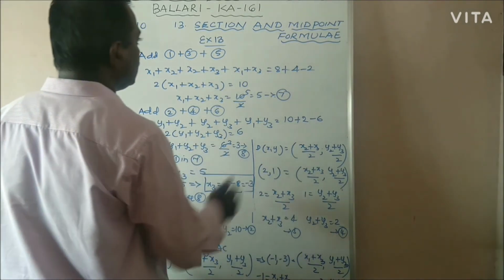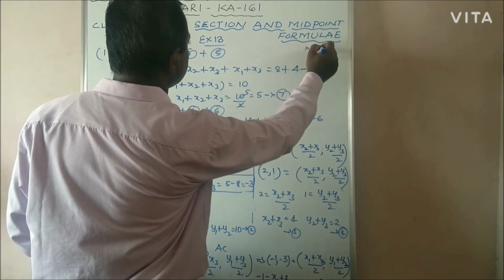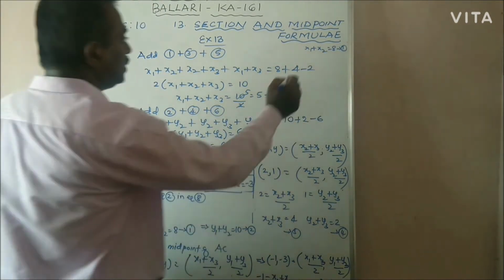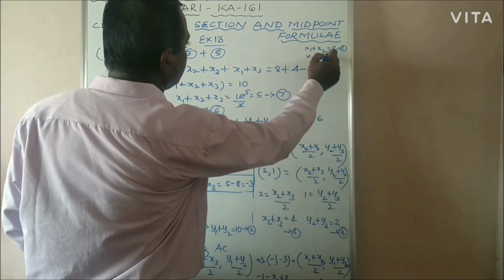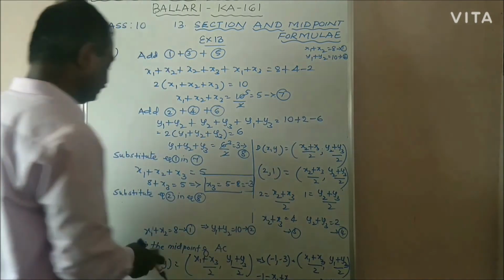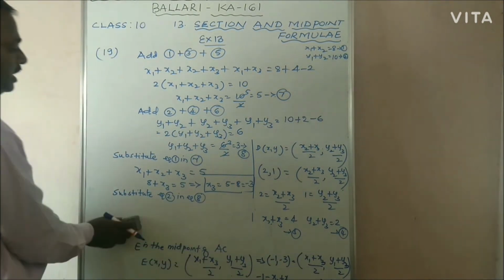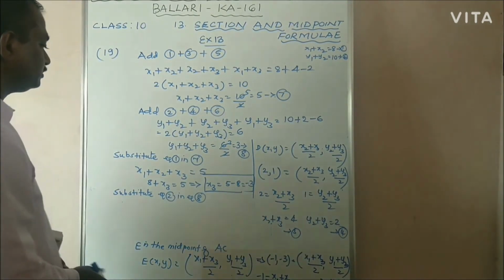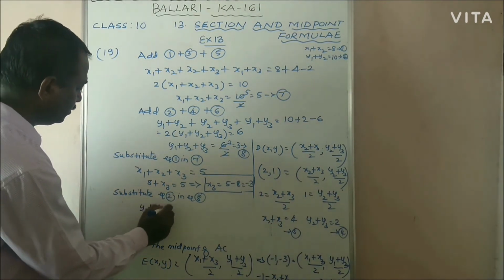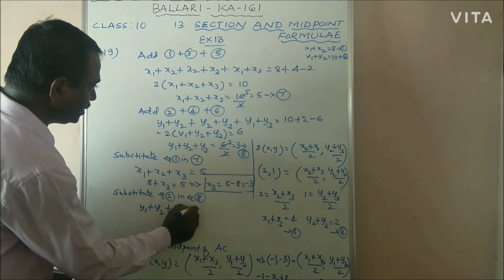So I will write all the equations here. x1 plus x2 is equal to 8, first equation. y1 plus y2 is equal to 10, equation number 2. 8th equation: y1 plus y2 plus y3 is equal to 3.